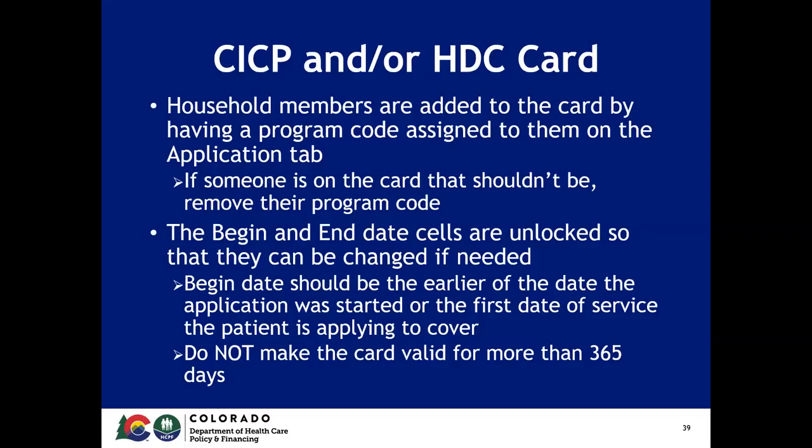So again, if somebody's on the card that shouldn't be, just go remove their program code, or if they're not on the card and they should be, then they're missing the program code. The begin and end date cells are unlocked on this one as well so that they can be changed. Again, that begin date should be the earlier of the date of the application or the date of service that they're applying to cover, and do not make that card valid for more than 365 days.